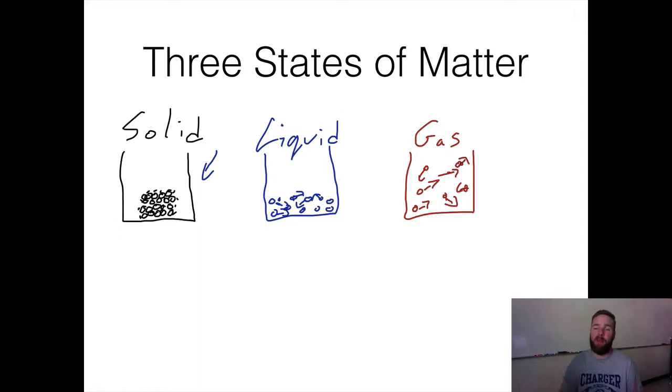Whether we're talking about the atmosphere or this beaker or the room you're sitting in right now, gas is there, it's moving around, they're bumping into each other. Gas is erratic because of what the molecules are doing. They're moving around fast, they're bumping into each other. So those are your three states of matter: solid, liquid, gas.